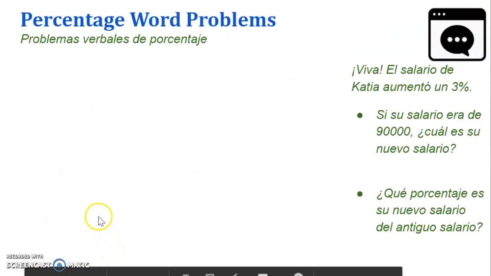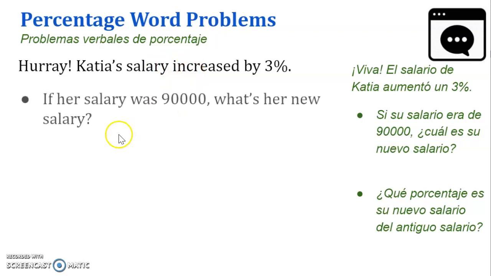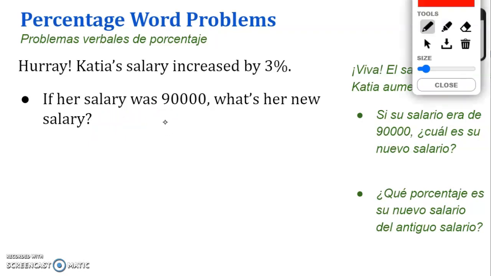Moving on. Now we're going to do some word problems. Okay, so let's say Katya's salary increased by 3%. If her salary was $90,000, what's her new salary? Okay, so to figure this out, we need to figure out what is 3% of 90,000.